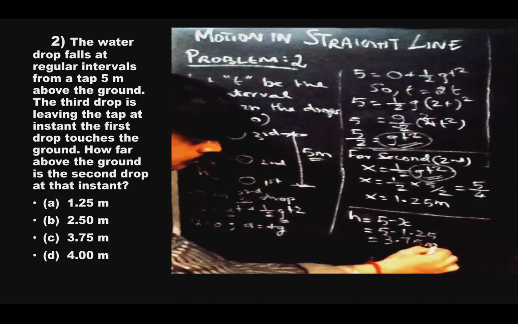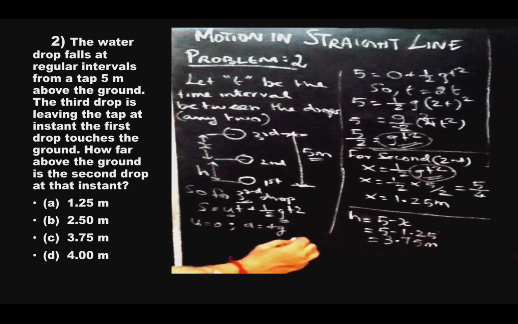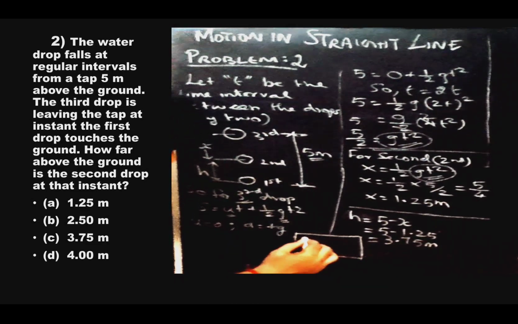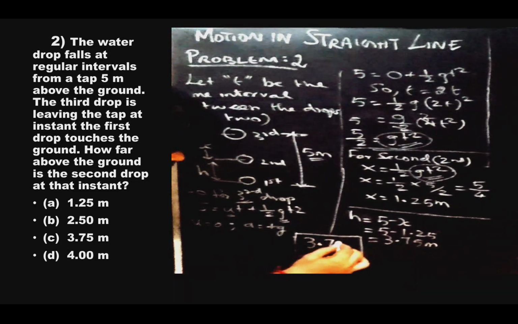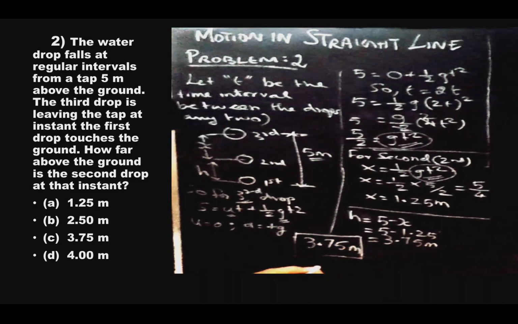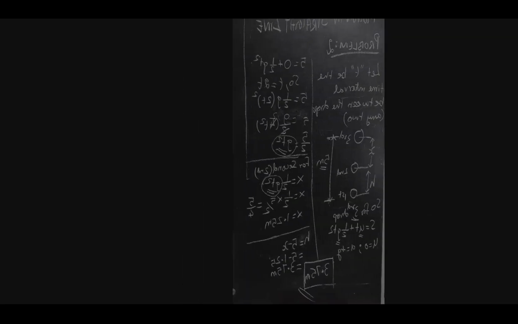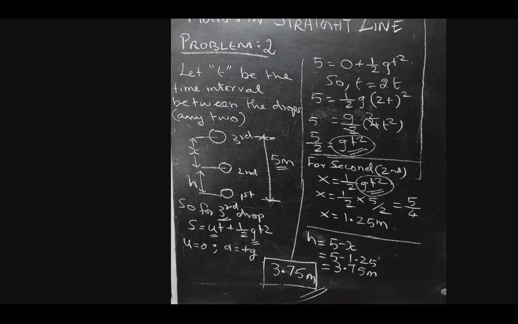When I check the options, option C suits it. So the answer will be 3.75 meters. I have given the screenshot of the entire problem. If you're not able to get it, you can have a look at it. Let us meet in the third problem.